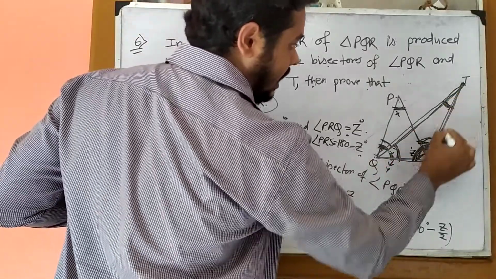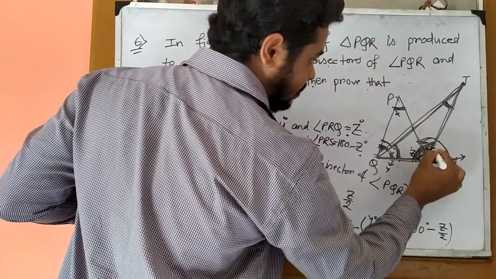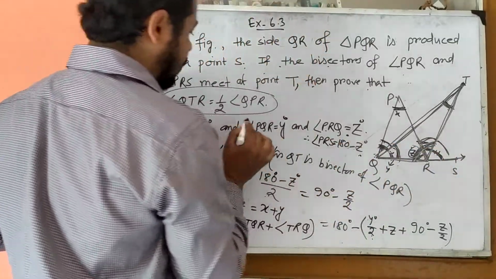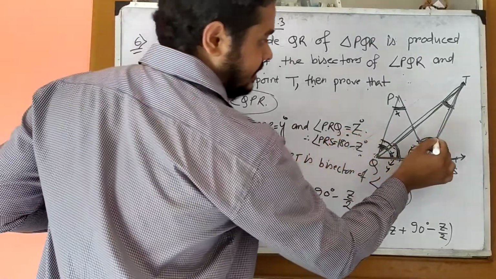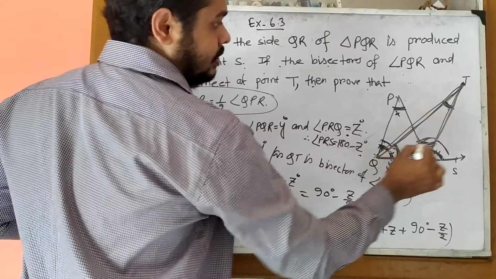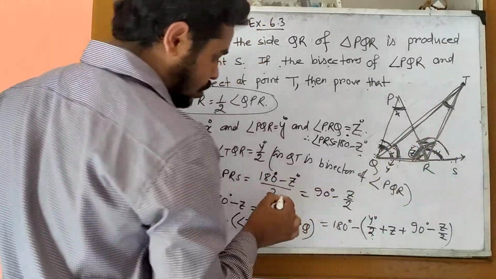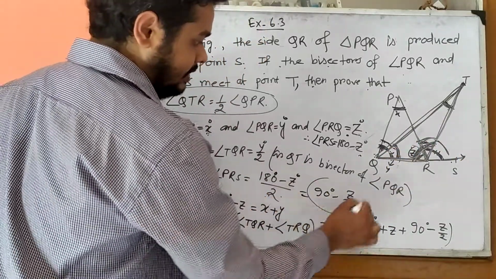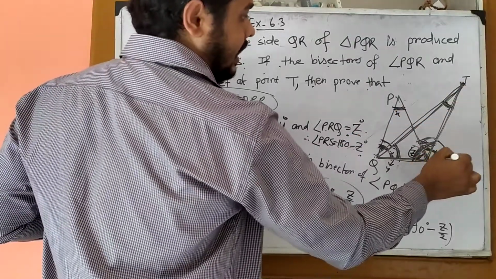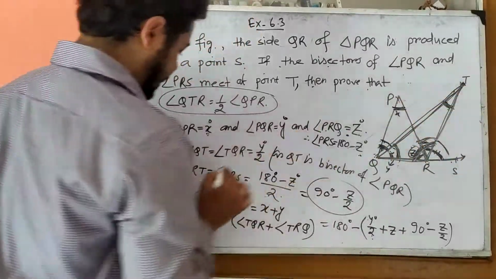Now TRQ we can divide into two parts. This part is z according to our assumption, and this part is (180 minus z) by 2, that is 90 minus z by 2. Already we found angle TRS, or angle TRP.